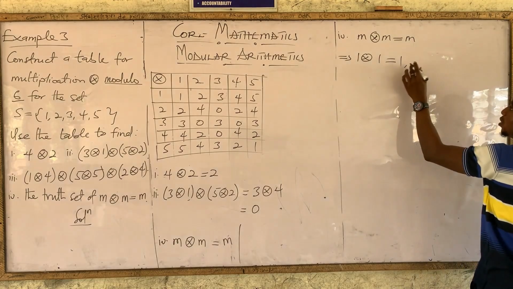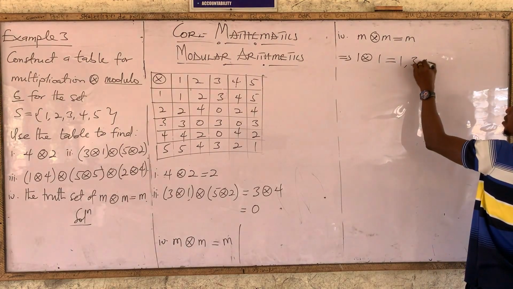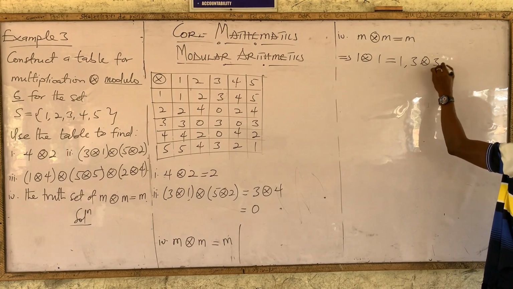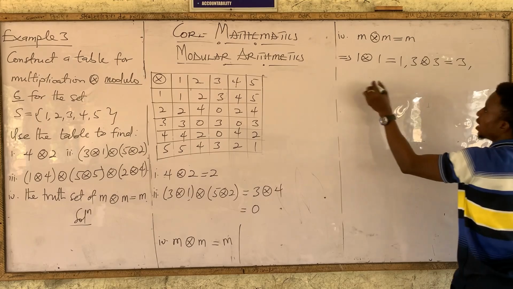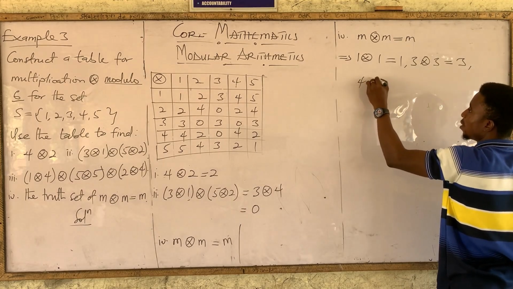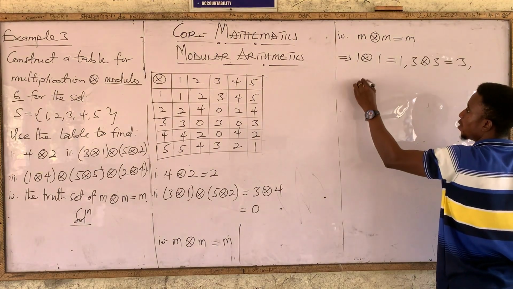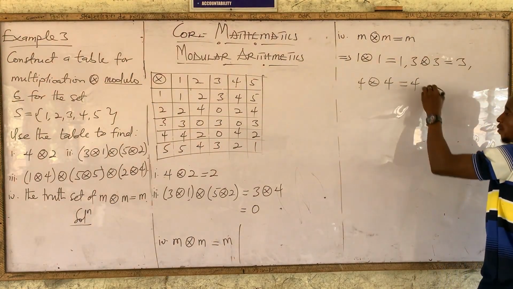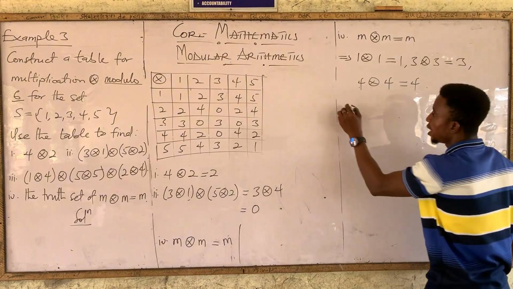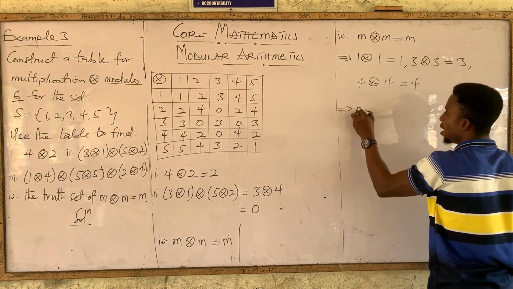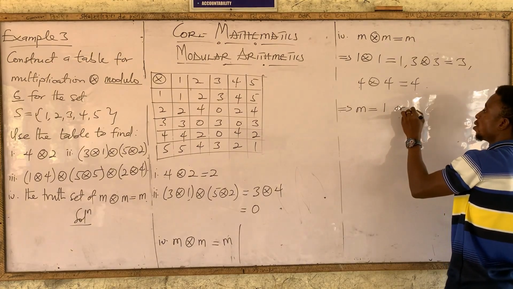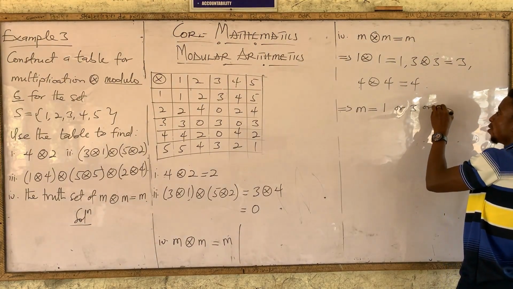Also, 3 by 3 is also equal to 3. And lastly, 4 by 4 is also equal to 4. So therefore we can say that this implies that m is equal to 1 or 3 or 4.